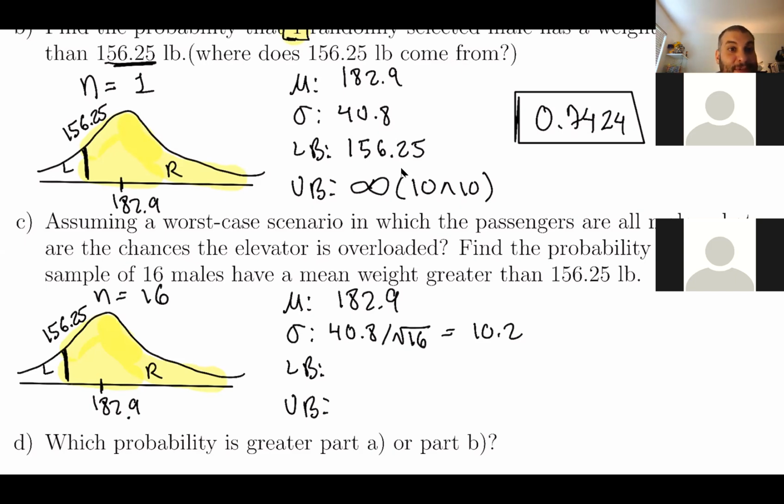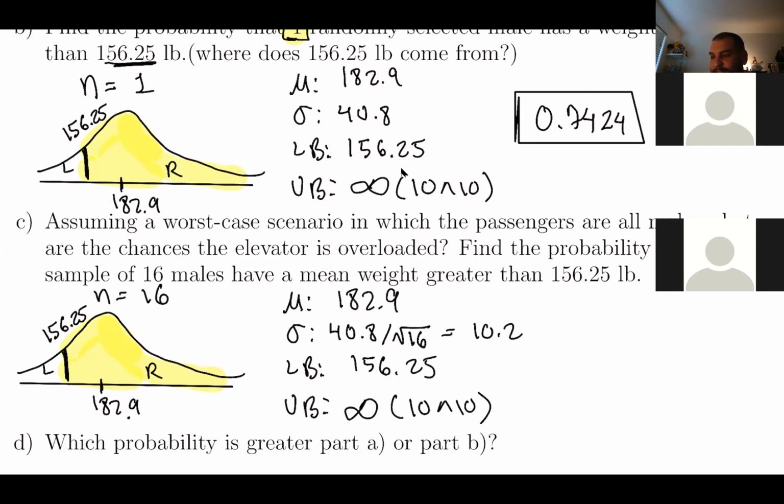So that's the difference between part B and part C. Part B is only a sample size of 1, so your standard deviation stays the same. But for part C, since we have a sample size bigger than 1, you do have to adjust your standard deviation. The lower bound is still 156.25, and the upper bound is still infinity, which is 10 to the 10 power.